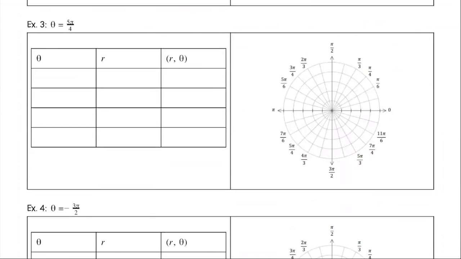All right. So we've got theta equals 5 pi over 4, okay? So now when I fill in the thetas in my table, well, what should I write down for all my thetas?